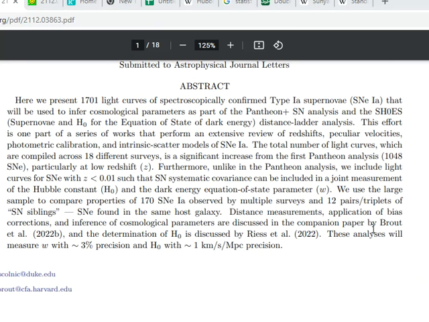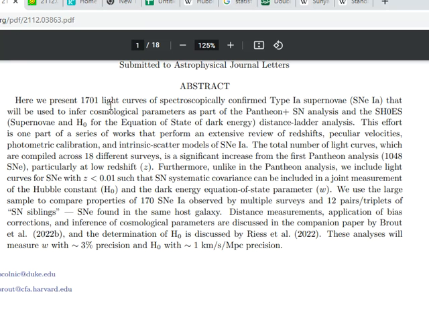So we can look at the abstract, which states that these analyses will measure W with 3% precision and H0 with 1 kilometer per second per megaparsec precision. Now, when they say precision, usually that probably refers to standard error rather than standard deviation.